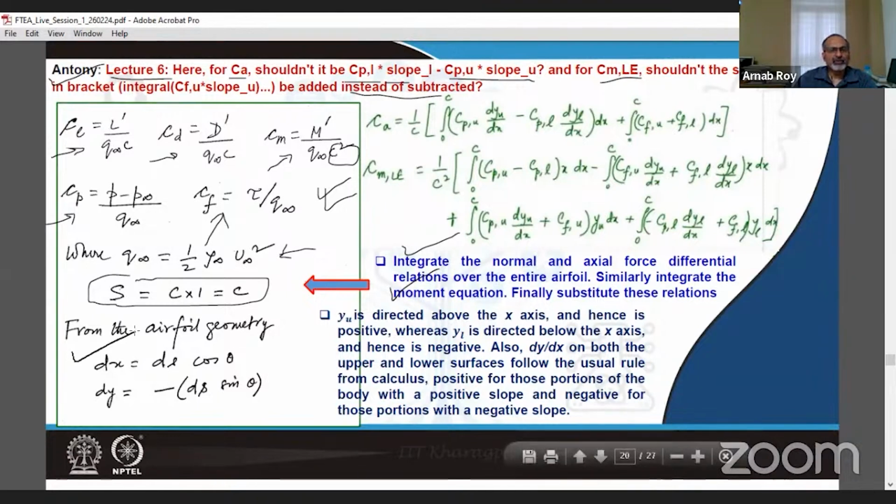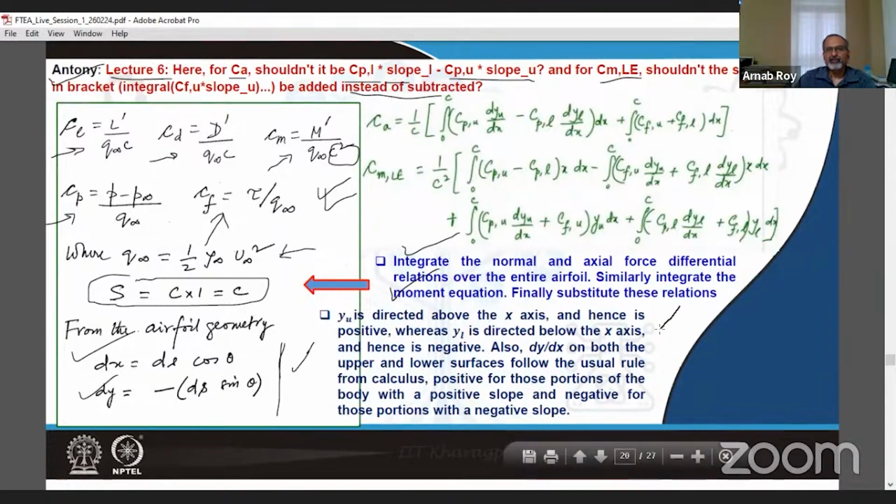Additionally, you have to substitute dx equal to ds cos theta, and dy is equal to minus ds sine theta, so that you have a correct conversion between the s and the xy variations as you move along the surface of the body. So you can also work out these geometrical issues.